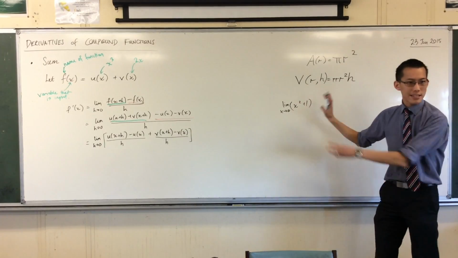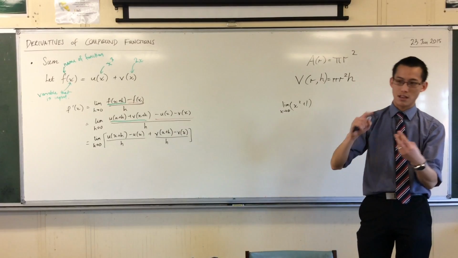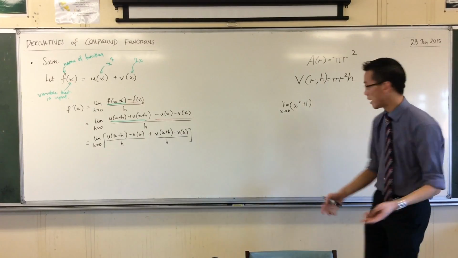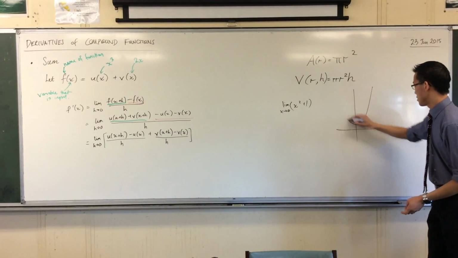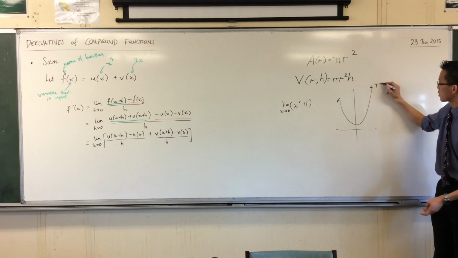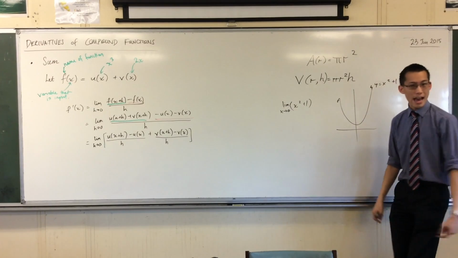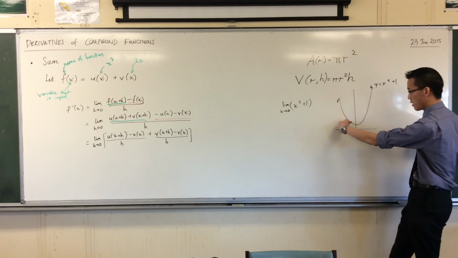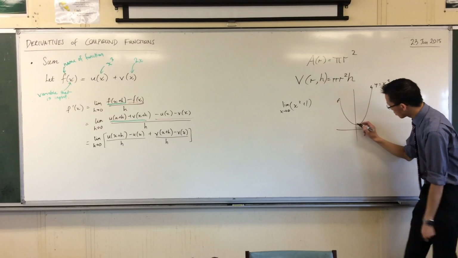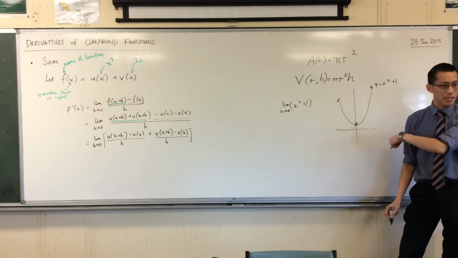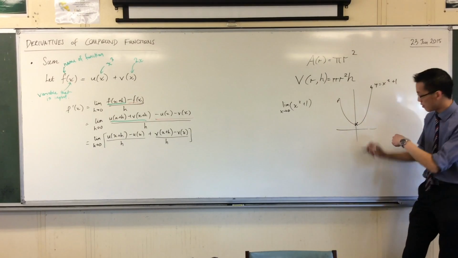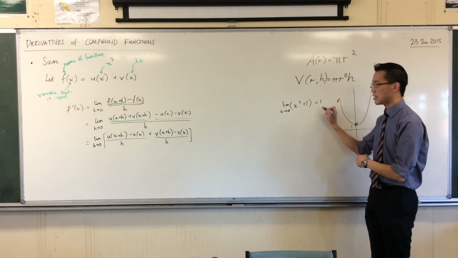Now this is a nice easy thing. There are no asymptotes. There are no holes in the function. So here is x squared plus 1. And whether you come from below or whether you come from above, you're just going straight to that value. And of course the intercept is 1. So you know that this is equal to 1.